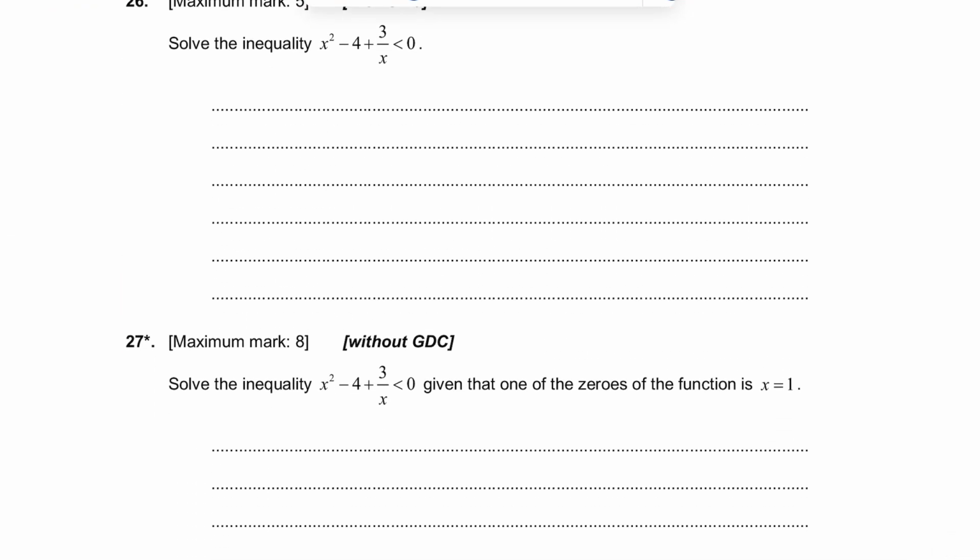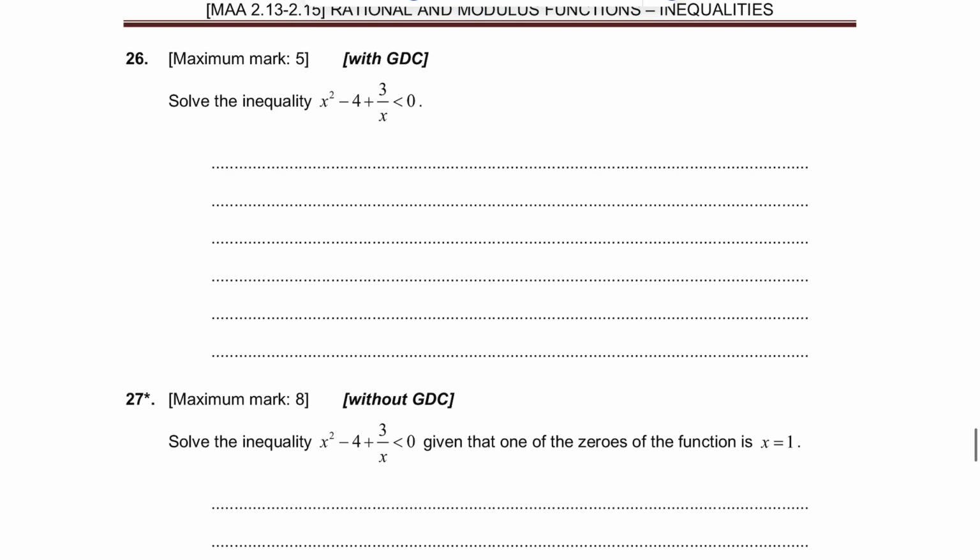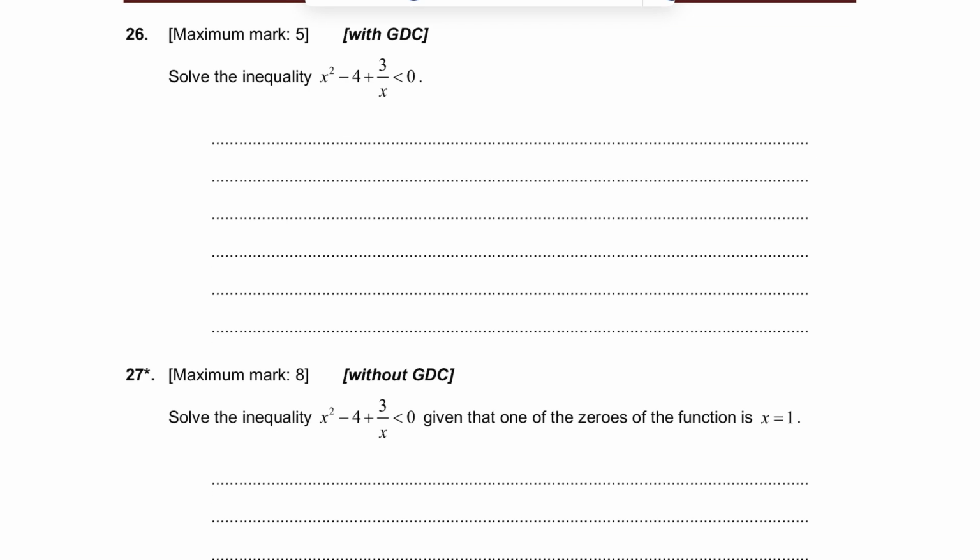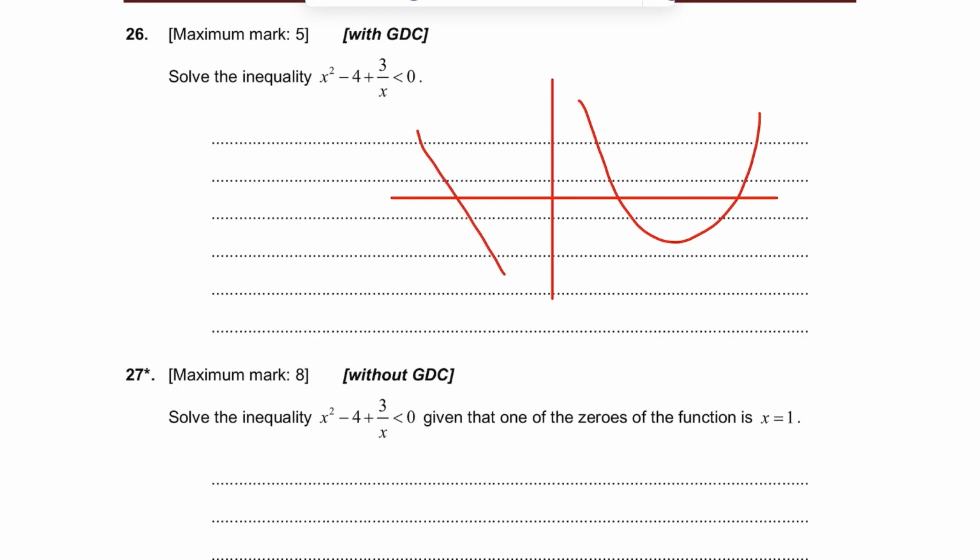Question number 26. With GDC, draw the graph and solve the inequality. When I draw the graph from the GDC, I should get it in this way. This point is negative 2.3, this is 1 and 1.3.